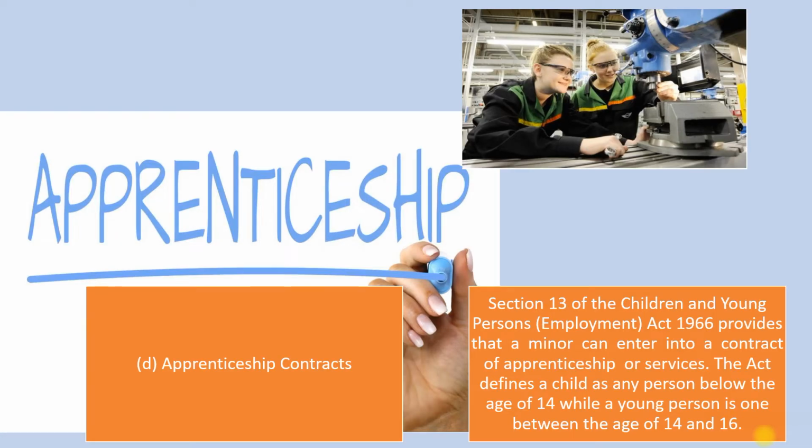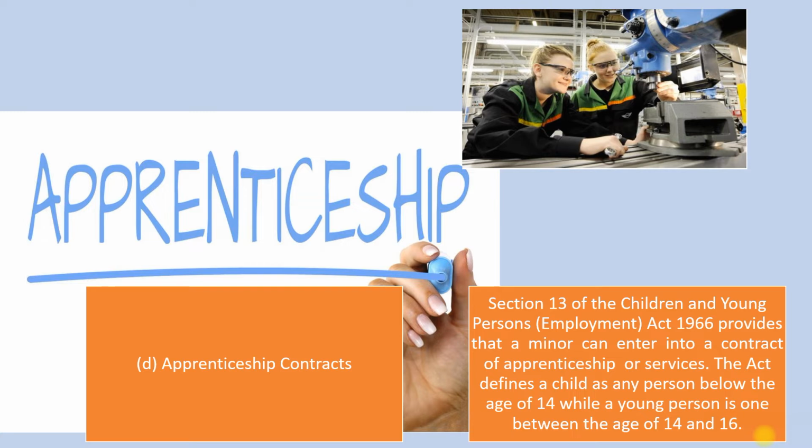The last one, it has to be E, apprenticeship contract. Under section 13 of the Children and Young Persons Employment Act, it provides that a minor can enter into a contract of apprenticeship or services. The Act defines a child as any person below the age of 14, while a young person is one between the age of 14 and 16.